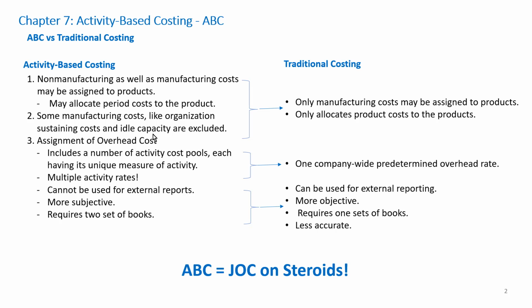Organization sustaining costs are costs incurred to maintain the operations of the business. These costs will be incurred regardless of the level of production. An example would be the heating and cooling for a factory.